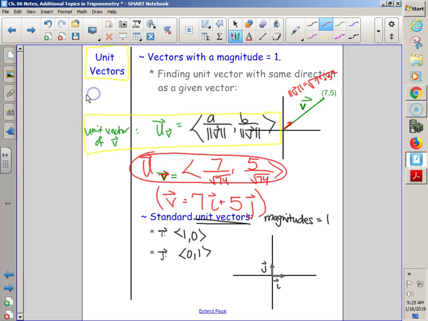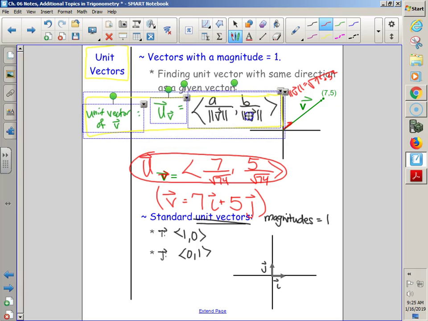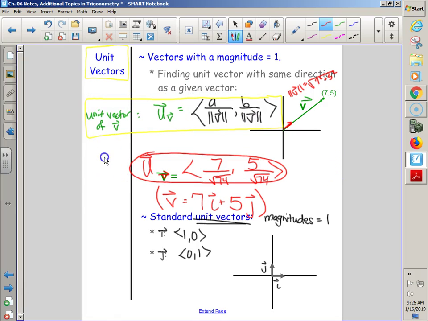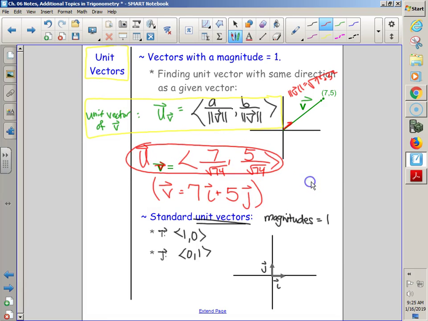There we go. So, why I wanted you guys to have your highlighter out is because I didn't have this written in a very nice form. But now we do have a formula for any vector V with components a and b. So a unit vector of vector V given components a and b.